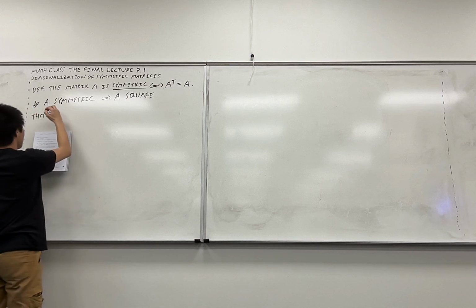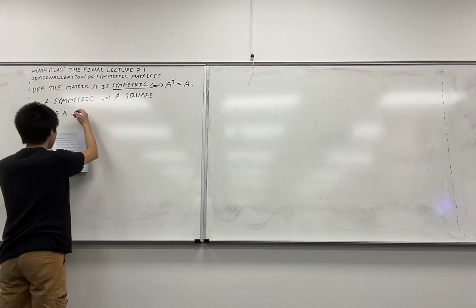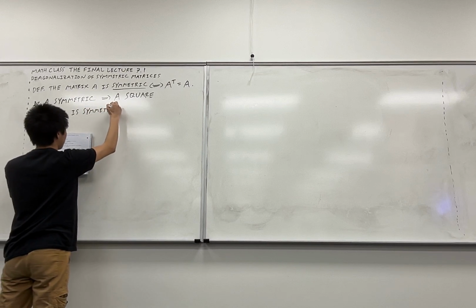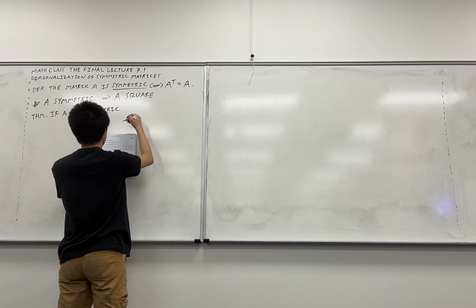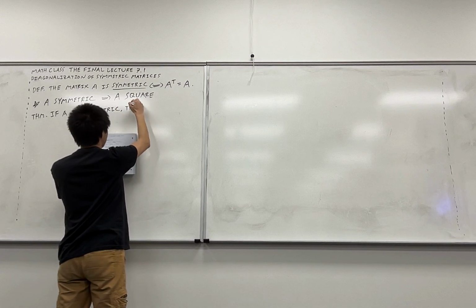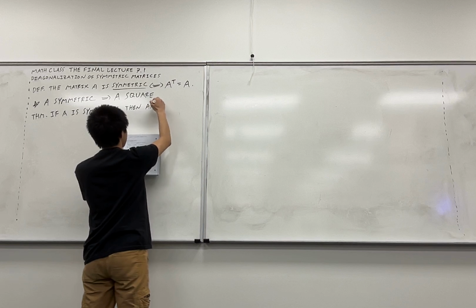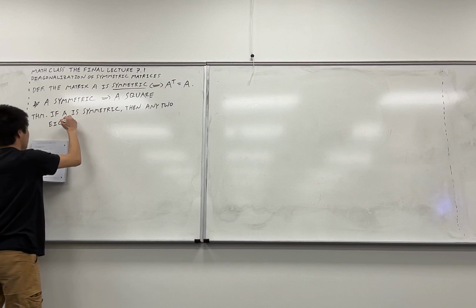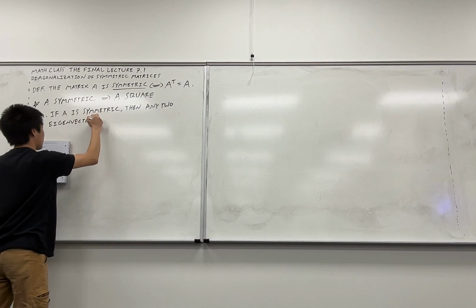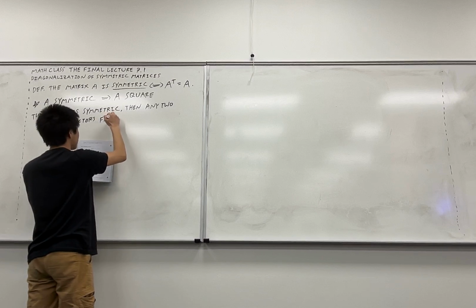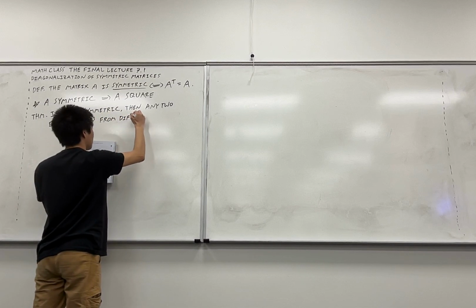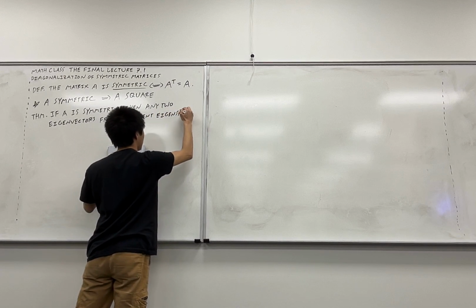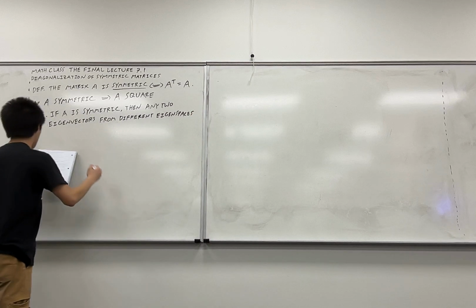So here's our theorem. If A has this special property that we're talking about, is symmetric, so basically if I can take its transpose without changing anything, then any two eigenvectors from different eigenspaces are orthogonal.